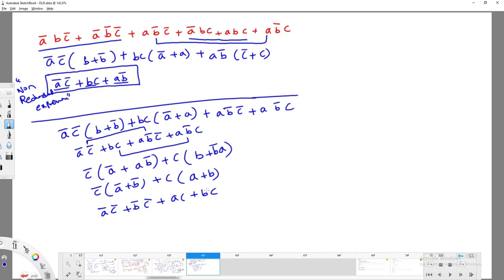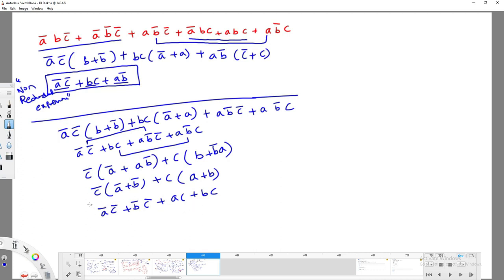See, my aim is that every expression should be in an implementable form, either AND-OR form or AND form. If I take out the common C, you are going to get C into A plus B, which is an expression that combines both sum of products and product of sums.